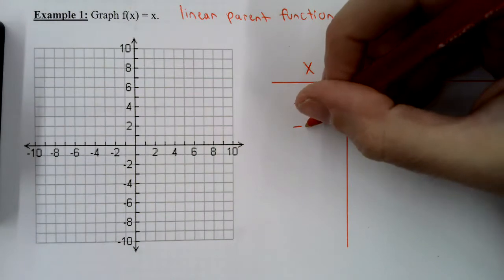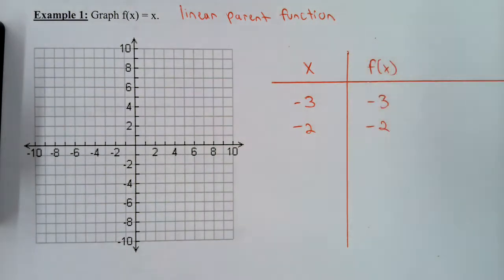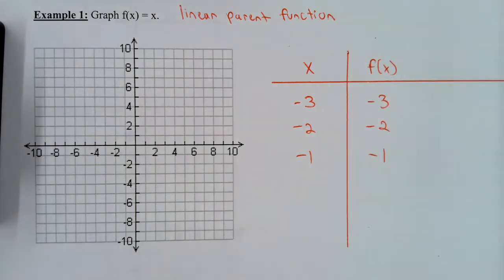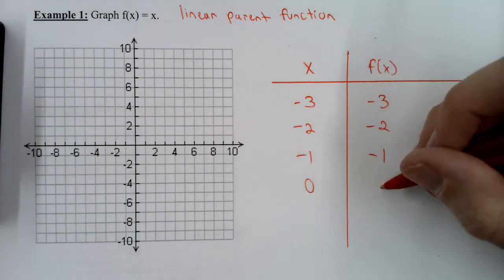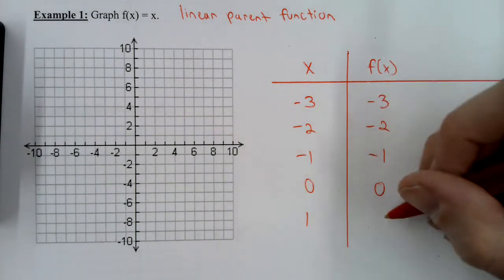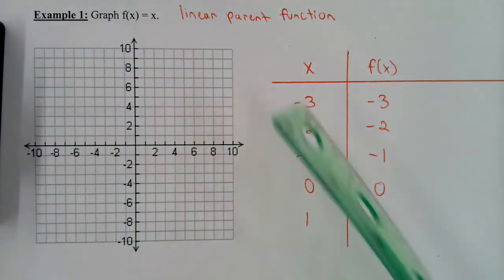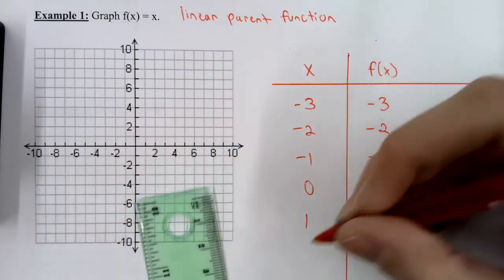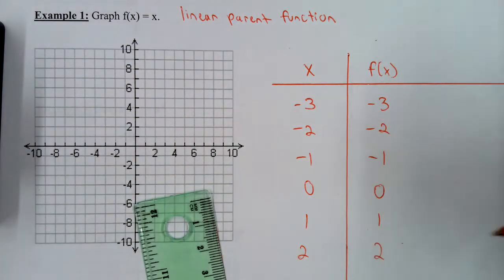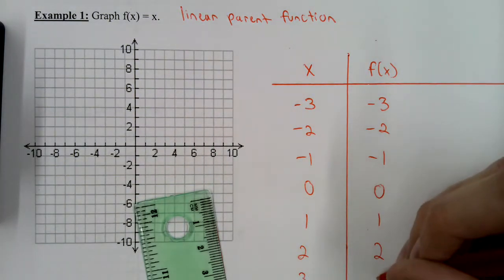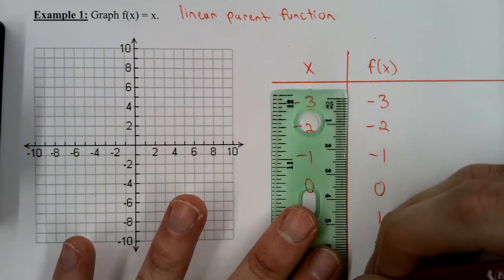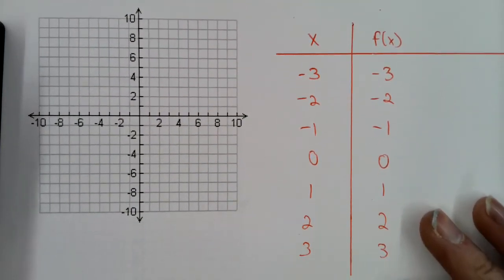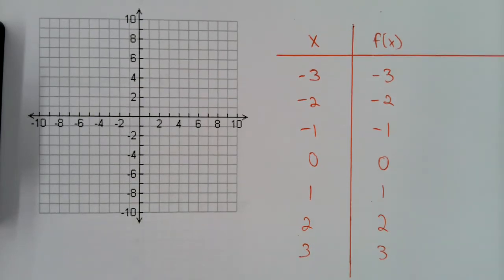When x is negative 2, f of x equals negative 2. When x is negative 1, f of x equals negative 1. When x is 0, f of x is 0. When x is 1, f of x is 1. A little bigger. When x is 2, f of x is 2. When x is 3, f of x is 3, and so on. That's what I'm going to use to make my graph.